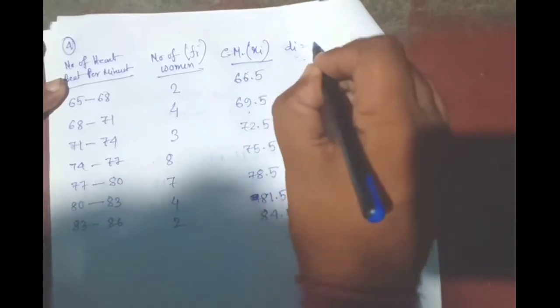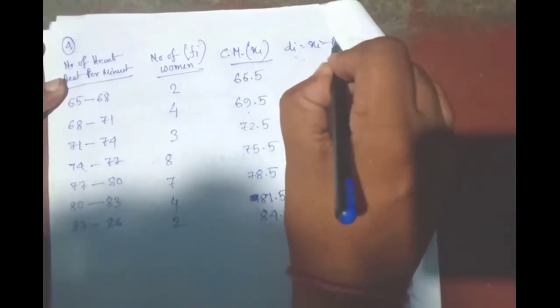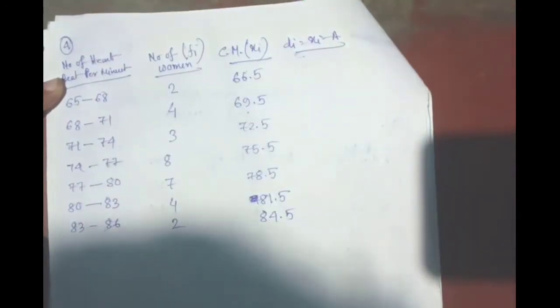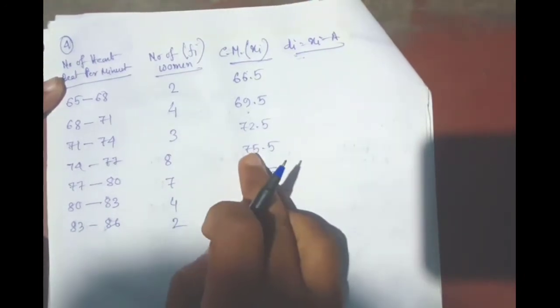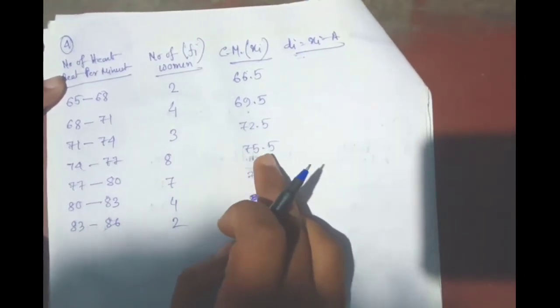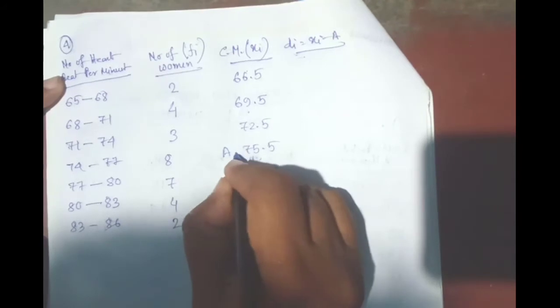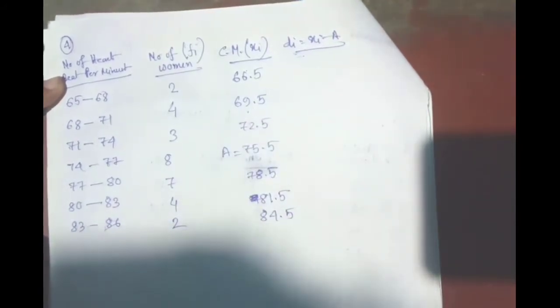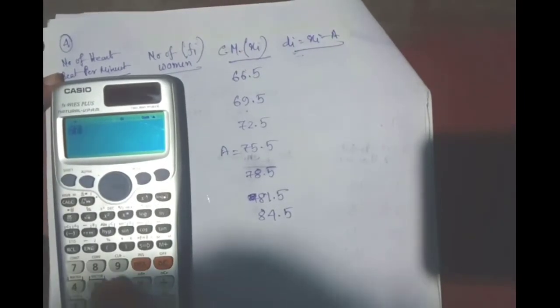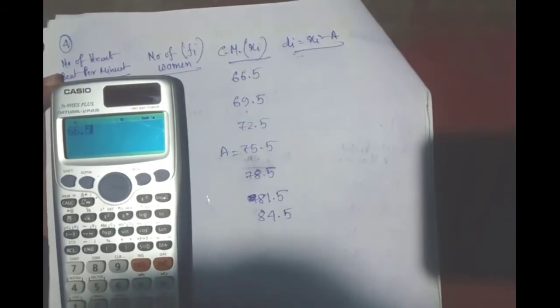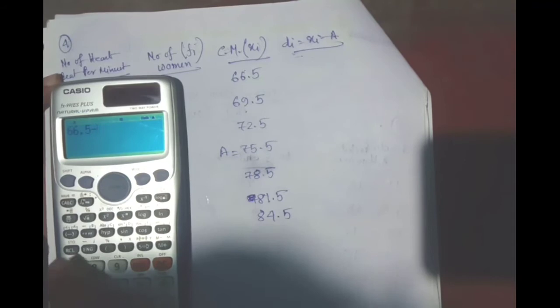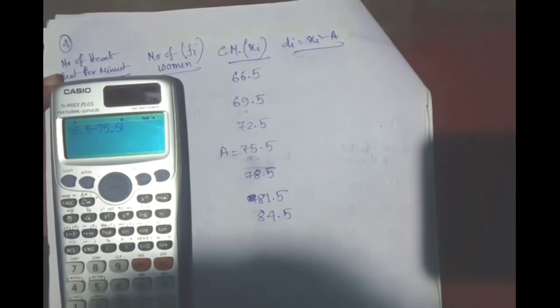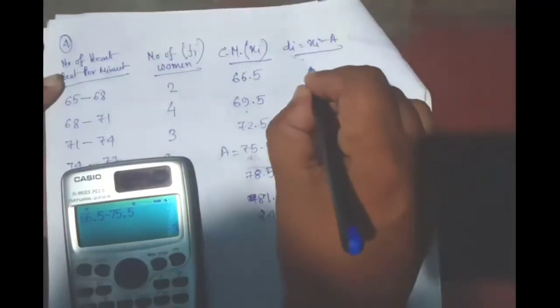So di equals xi minus a. Here I am taking the assumed mean as 75.5, so this I am taking as a. Now 66.5 minus 75.5 means minus 9.